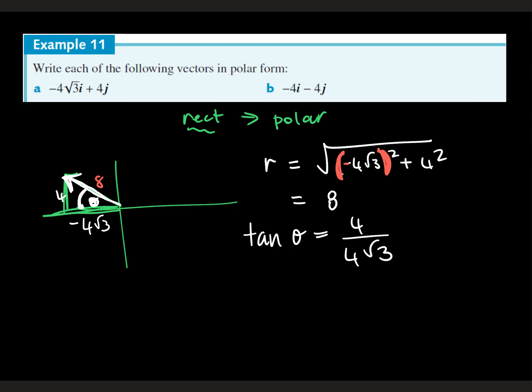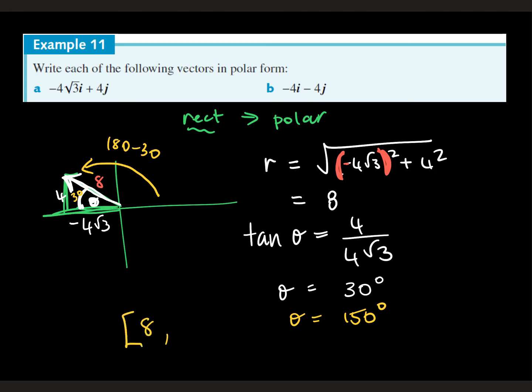So it's going to be inverse tan function, and that gives me 30 degrees. Now that 30 degrees is here. So this is 30 degrees, but I'm after, remember, the angle with the positive x-axis. So it's going to be 180 minus 30, which is 150 degrees. And so in polar form, that's going to be a length of 8 and the angle is 150 degrees.